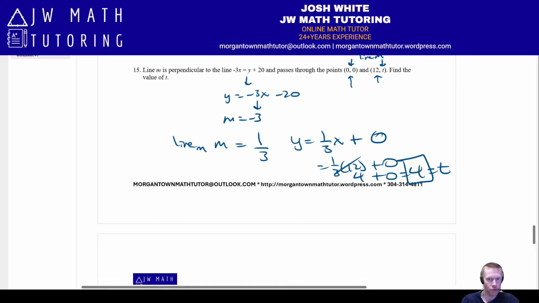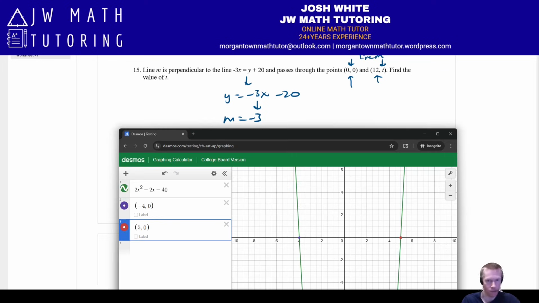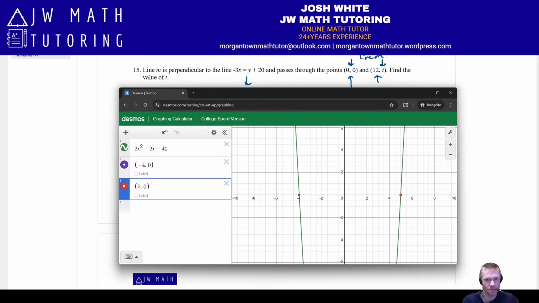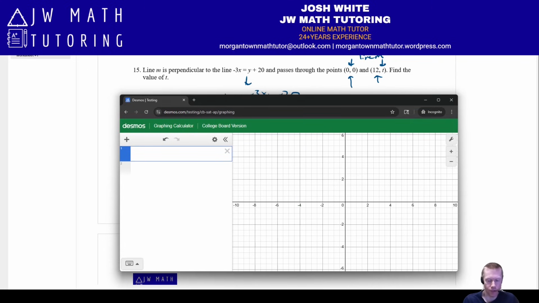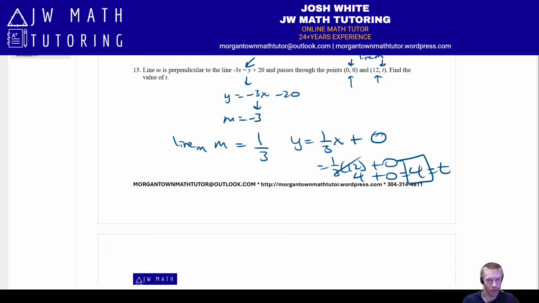Now, of course, you could do the entire problem in Desmos. The easiest way to do this is to first realize that the slope of this line is negative 3, and therefore you want the opposite reciprocal of that.